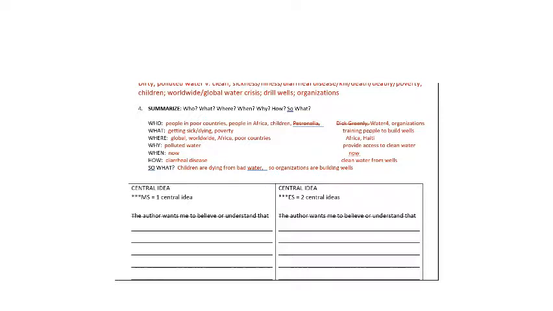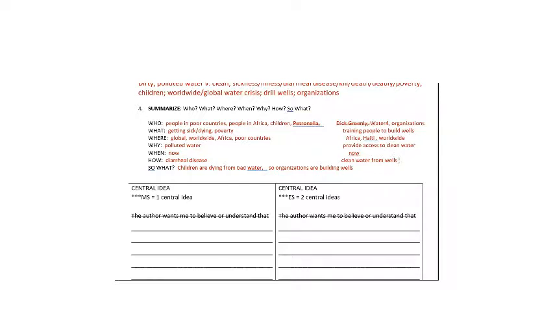So we can say, what are they doing? They're training people to build wells. Where? That company is working in Africa and Haiti, but it's also worldwide, other organizations. Why? Well, they want to provide access to clean water. Now is when it's happening.